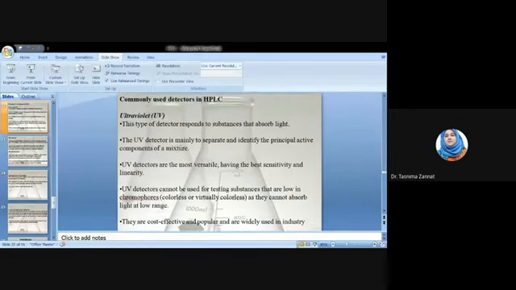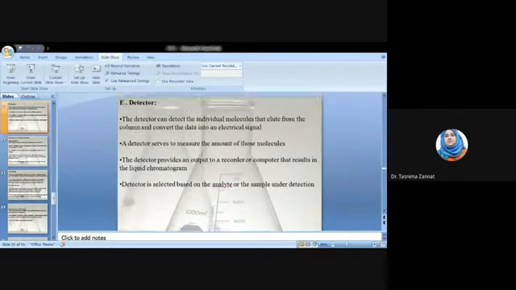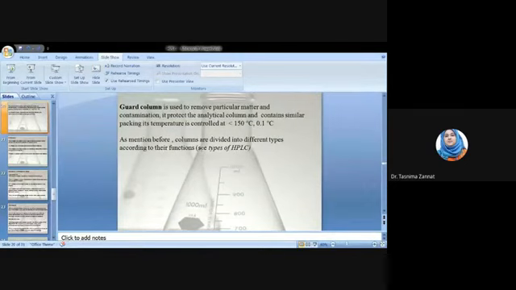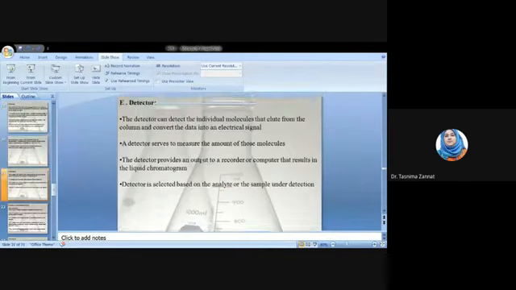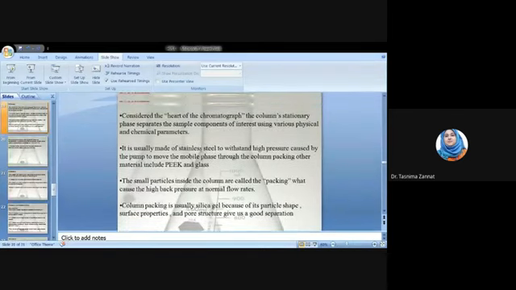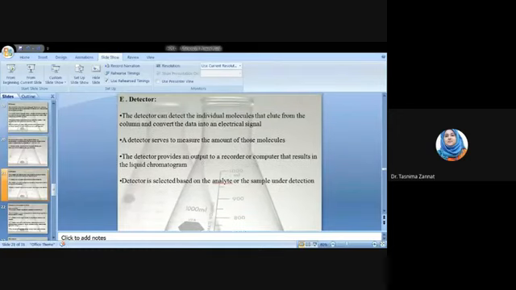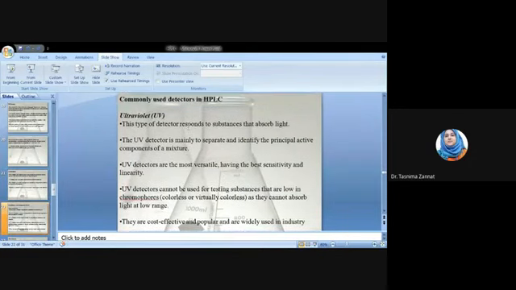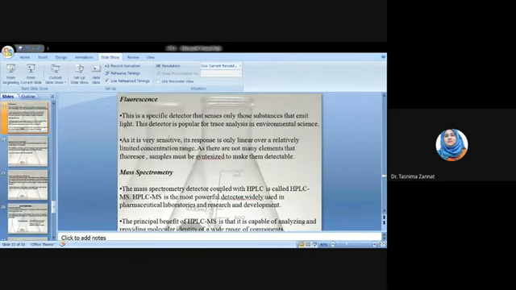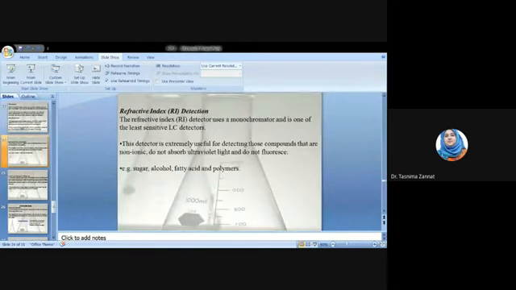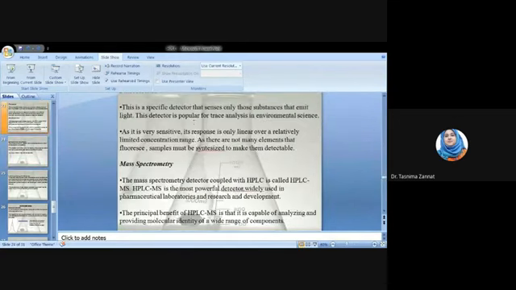Now it's very important, the detectors. আমি শুধু ডিটেক্টরের ক্লাসিফিকেশনটাই তোমাদেরকে দিয়েছি। এখানে প্রত্যেকটা জিনিসের কিন্তু ক্লাসিফিকেশন আছে, আমি শুধু ডিটেক্টরেরটাই দিয়েছি। The detector can, আচ্ছা detector এটা তো বলেছি। Commonly used detectors in HPLC: UV detector, fluorescence detector, HPLC MS detector, and RI detector. These are the classification of the detector.